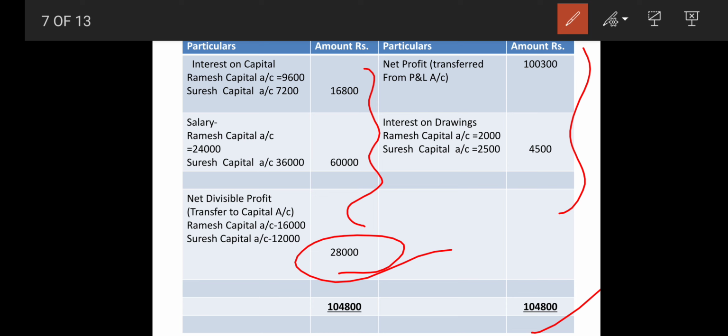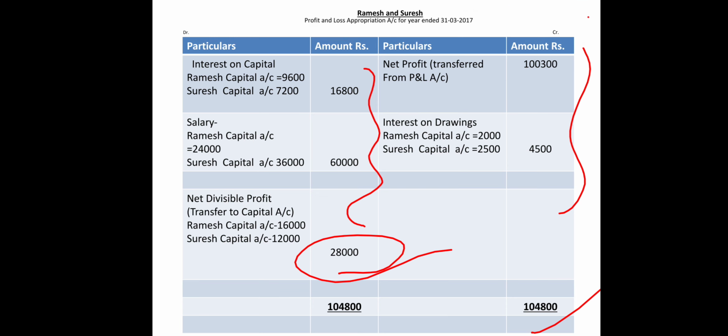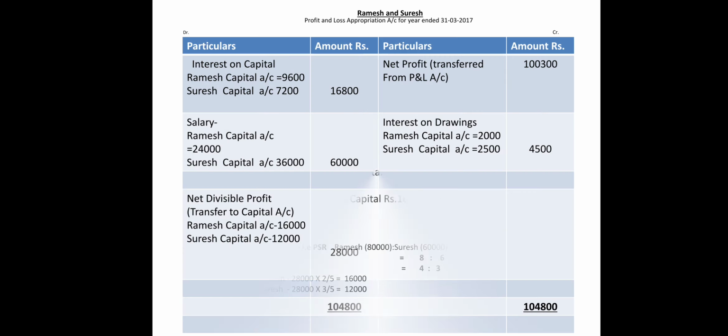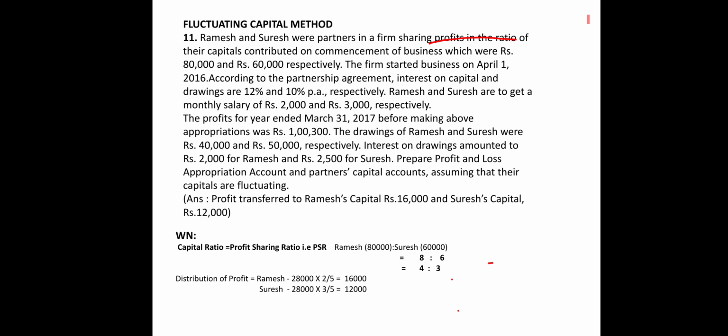Now 28,000 is to be distributed in the ratio of, not 2:3, but 4:3.